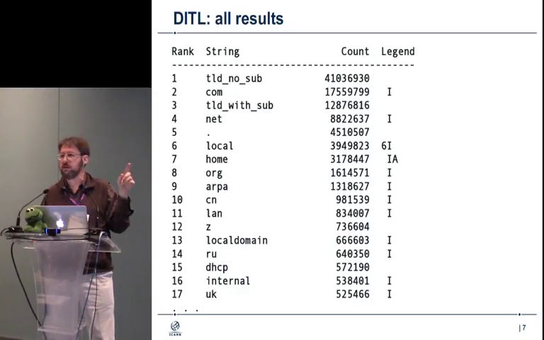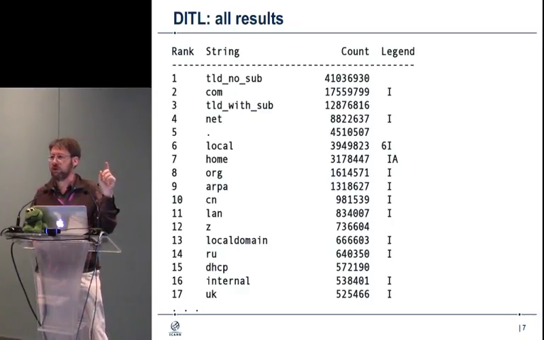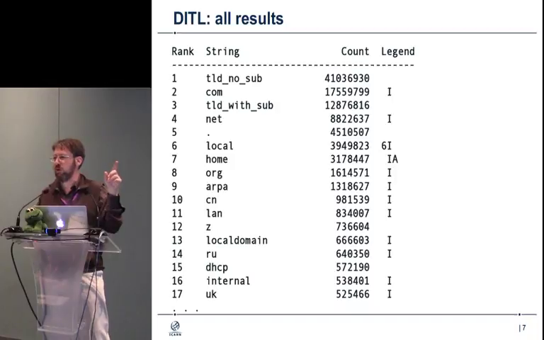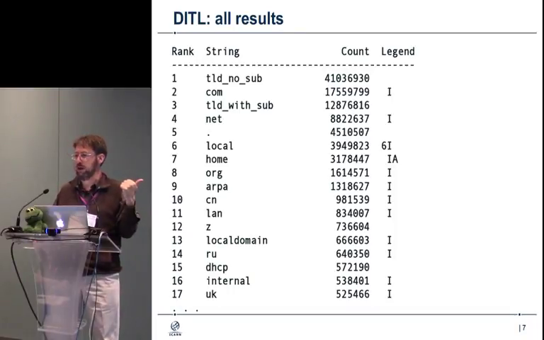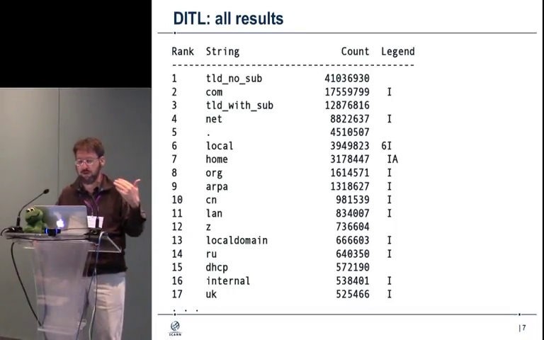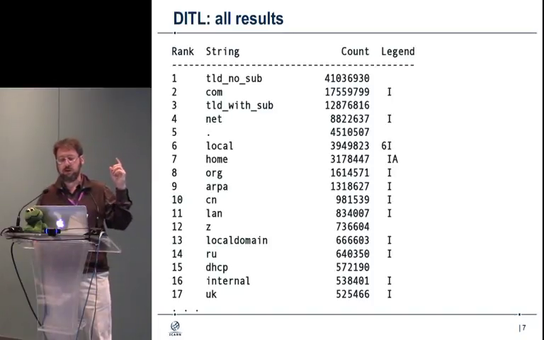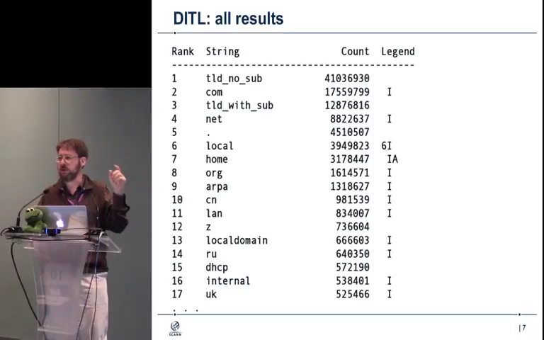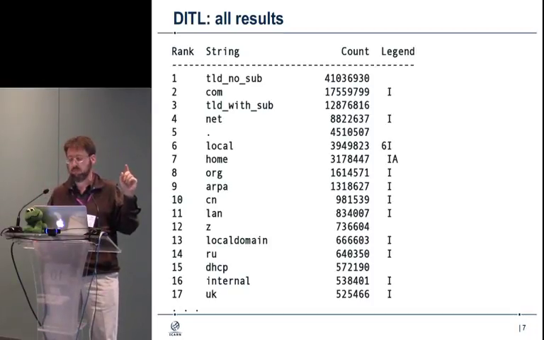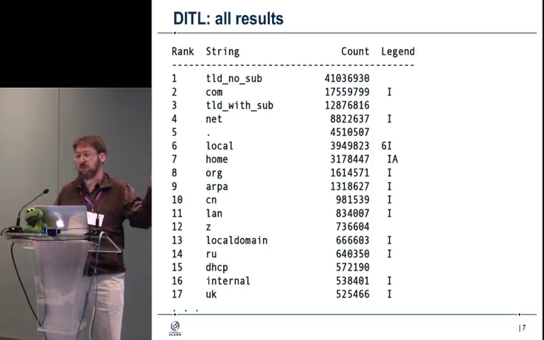Something with a 6 is in RFC 6761, and A is something that there is currently an application for, at the time, obviously that has now changed in the last few weeks. TLD_no_sub is a plain TLD that didn't have a dot in it. TLD with sub is something that had a dot in it.